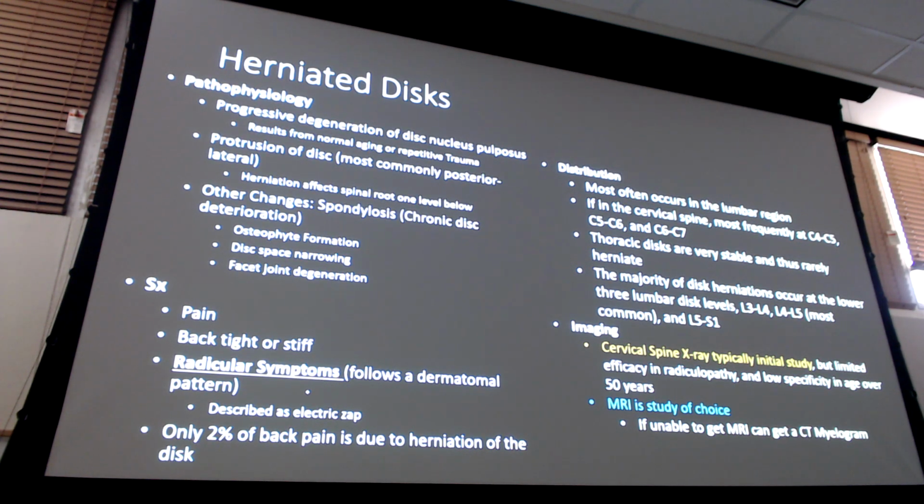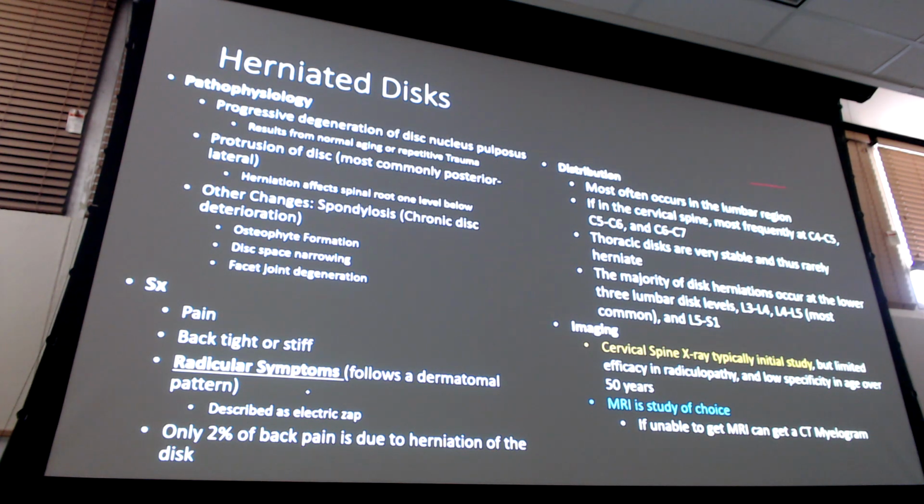Because if they say they have it in this area, that's probably L3, L4, right? You're still going to get the imaging to confirm that, but you might have a good idea before they even get there. Again, the difference between degenerative disc disease and a herniated disc is neurological symptoms or no, for your suspicion.